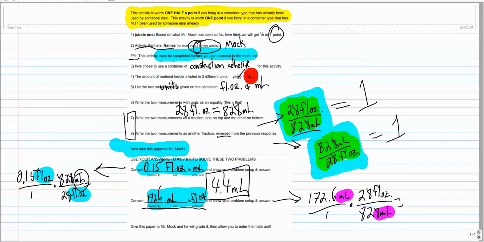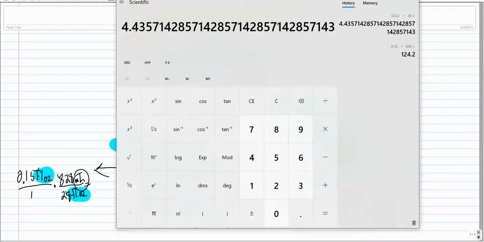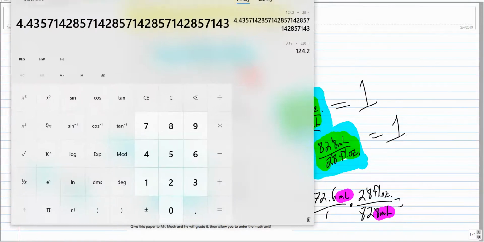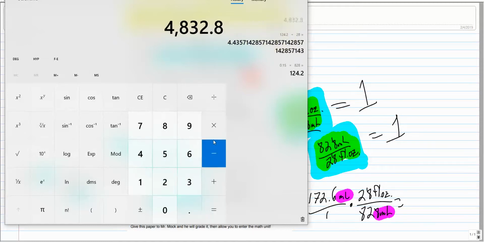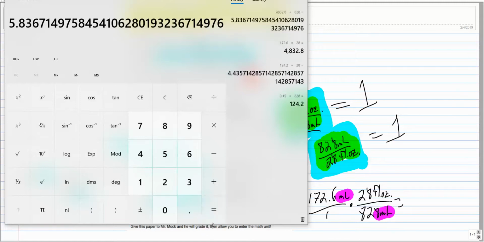And what math do I have to do then? I bring back my enormous calculator here, and I go 172.6 times 28 equals, and then divided by 828, and I get 5.83.